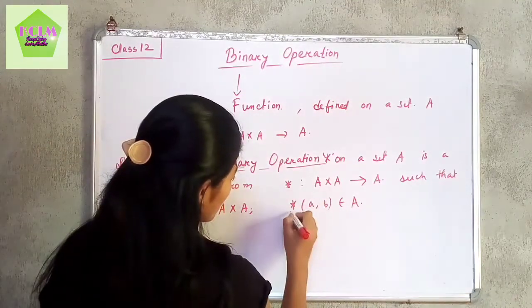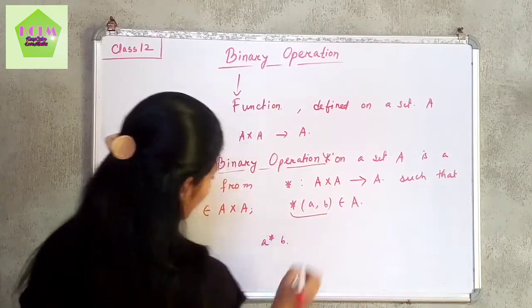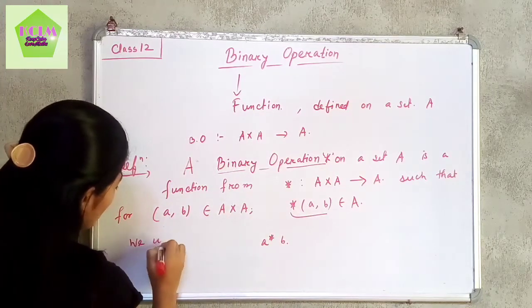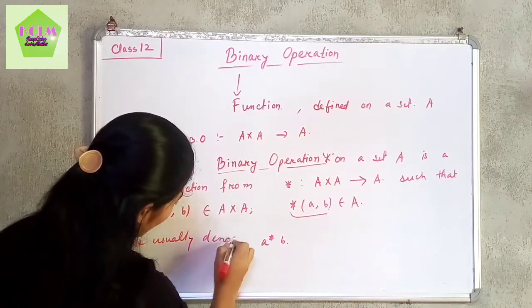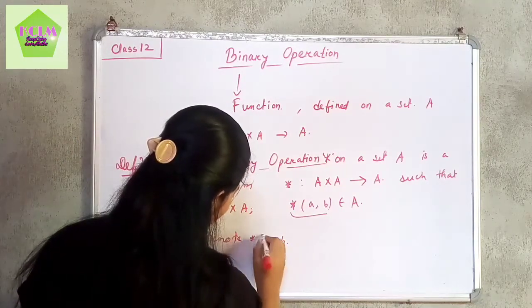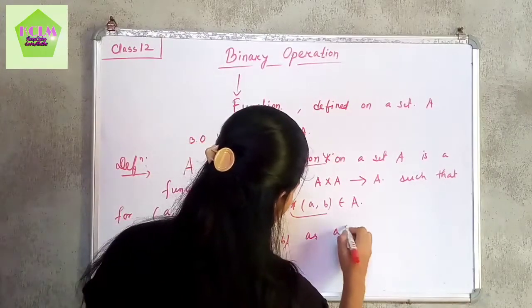This means we usually denote star of (a, b) as a star b.